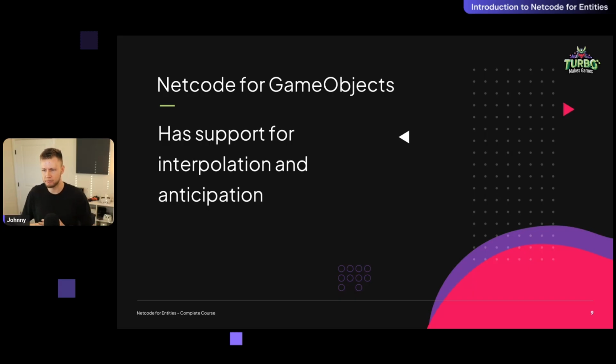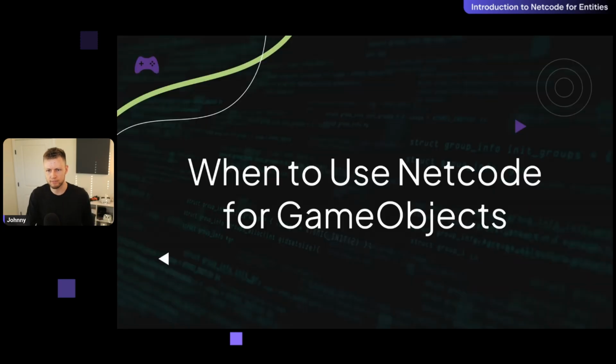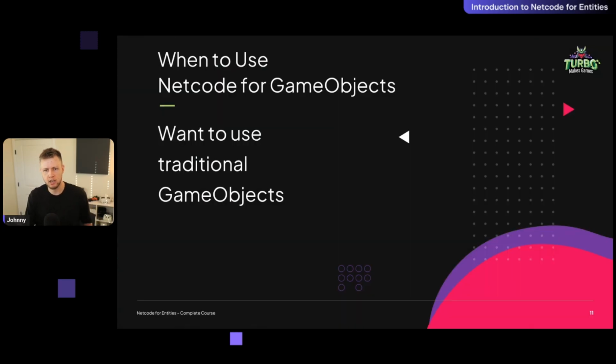So it's not a full client prediction with simulated rollback and everything, which we're going to be talking about a little bit later. But it still has the ability to do a simple guess of where things are going to be in the future, and has the ability to fix some of those incorrect anticipations. So when should you use Netcode for Game Objects?